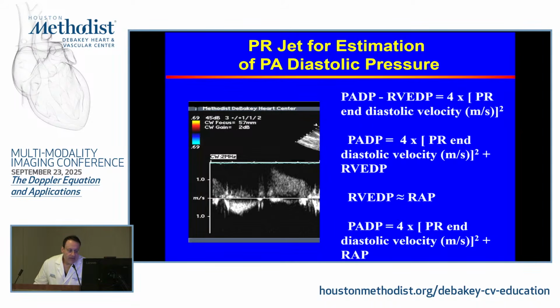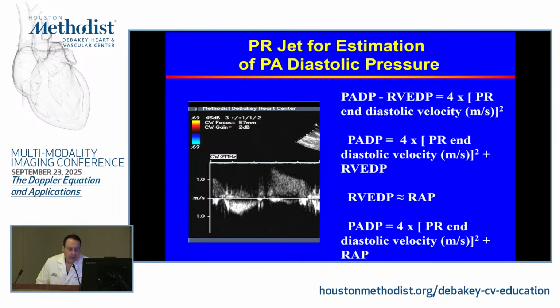PR is also a valuable signal for us. We can look at the peak velocity. We can look at the end diastolic velocity. For the end diastolic velocity, we go to that modified Bernoulli equation, and we say the pressure difference between PA diastolic and RV EDP is 4V squared, but here it is the end diastolic velocity, not the peak.